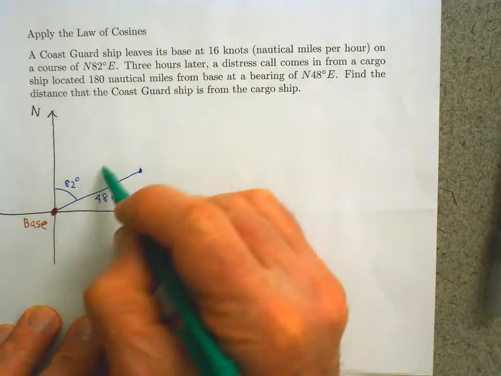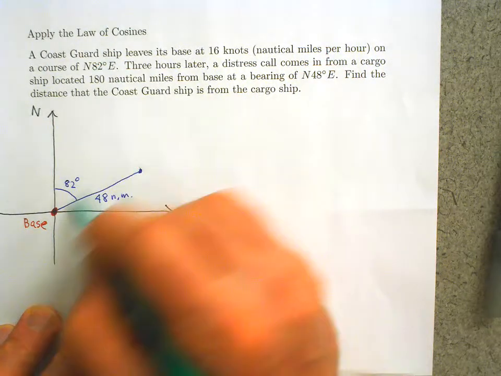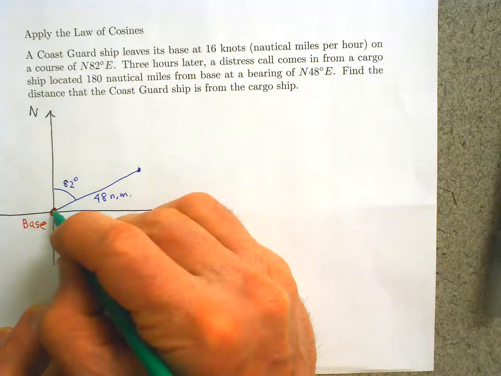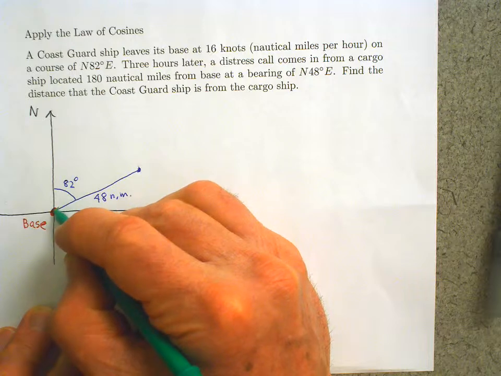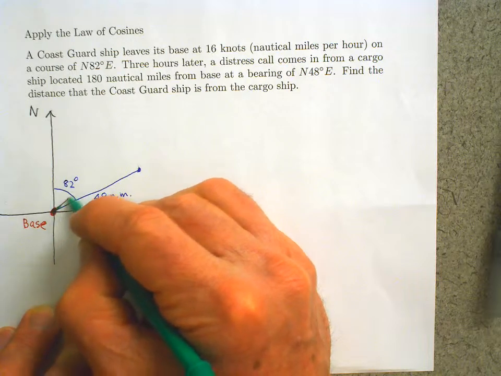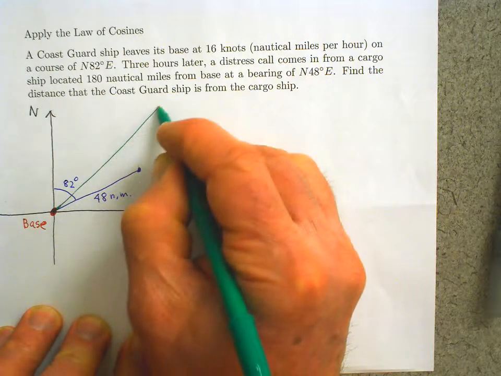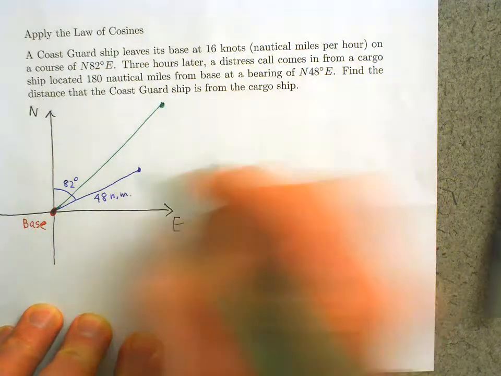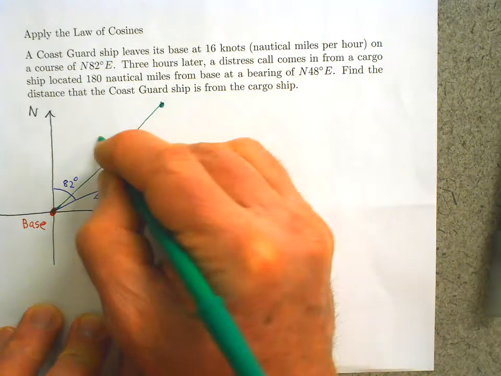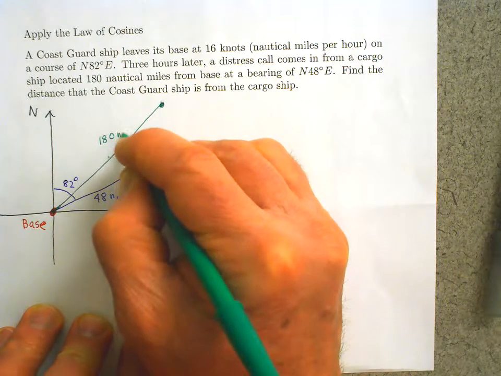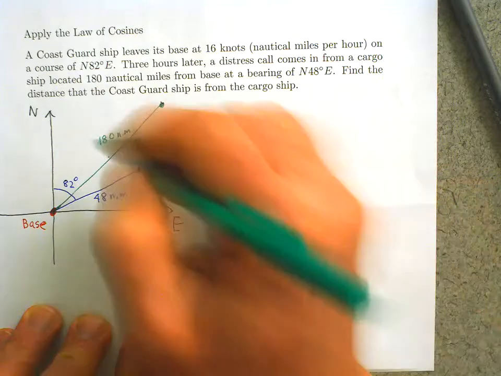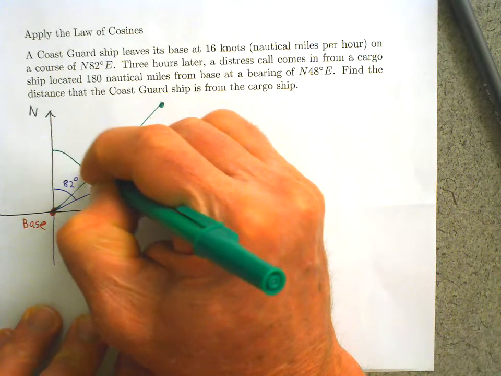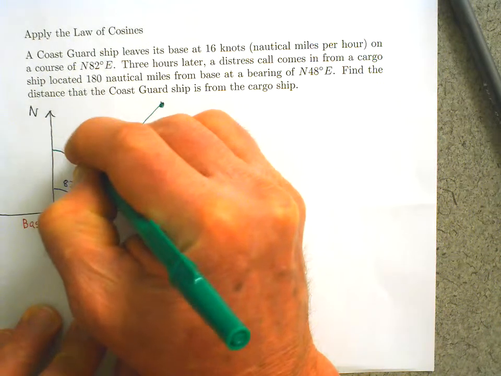Okay, so 48 is a little bit more than 45 out of the north, so something like this. So this distance is 180 nautical miles. And this angle is 48 degrees.